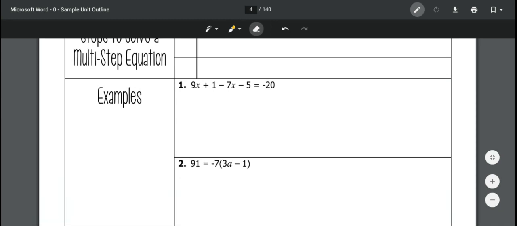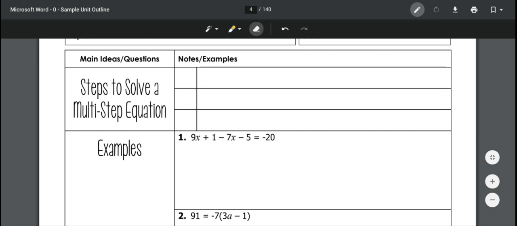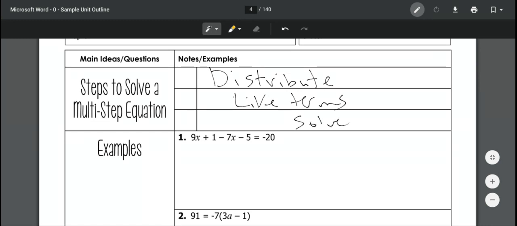So the first thing you should do is distribute. And then the second thing you would do is put like terms together. And then obviously solve. And so these are ones where you're not going to want to do it all in your head.